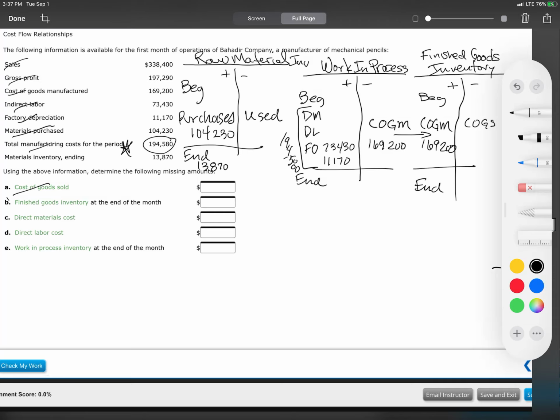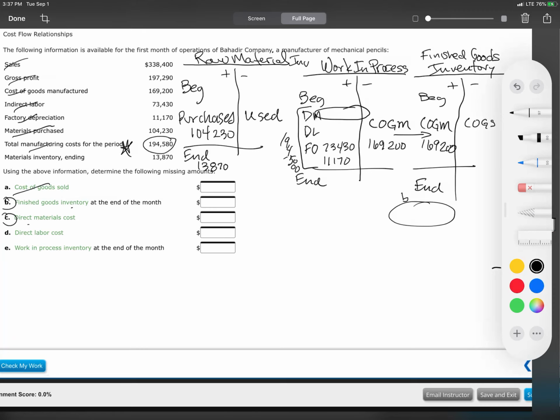What are the 4 questions? Question B, finished goods inventory. That's this number. Let's label it B. We're going to be looking for that. And question C, direct materials cost. Now the author is not clear in his language here. He should have said direct materials used, because cost could have been construed to be purchases.